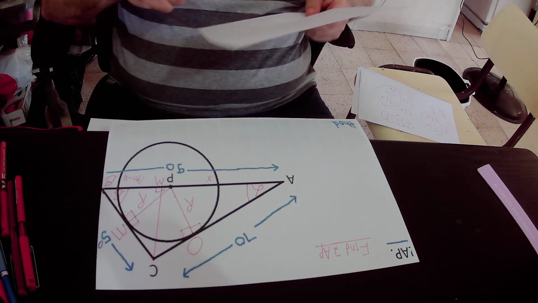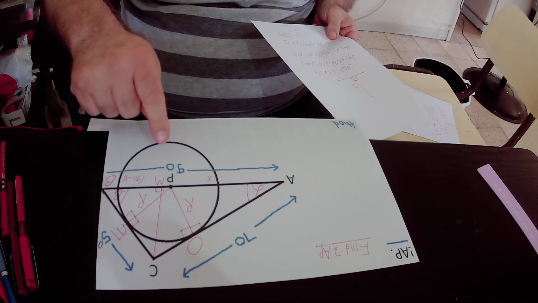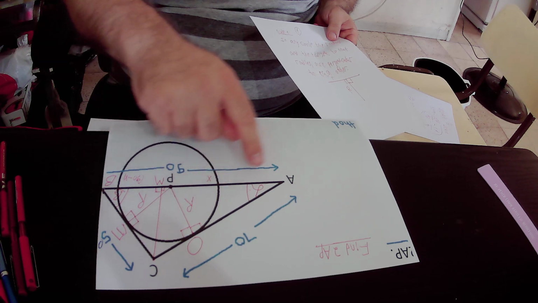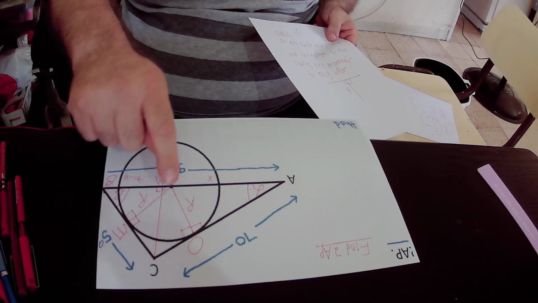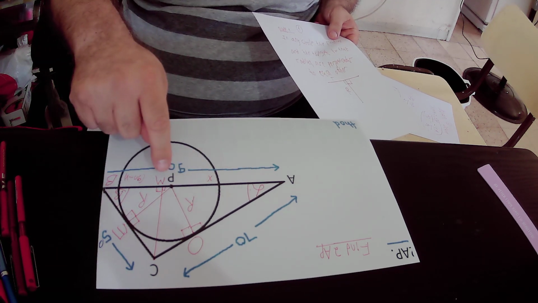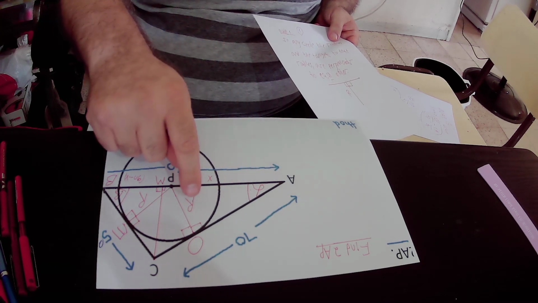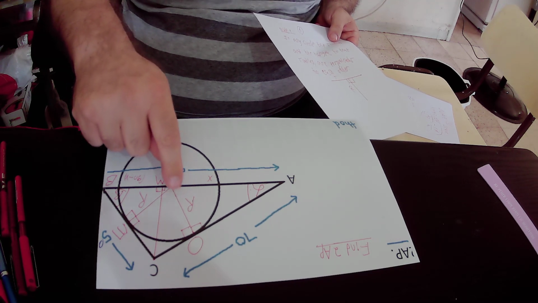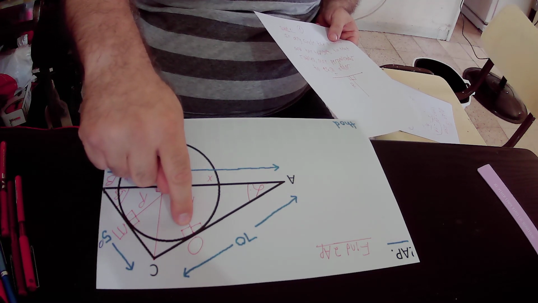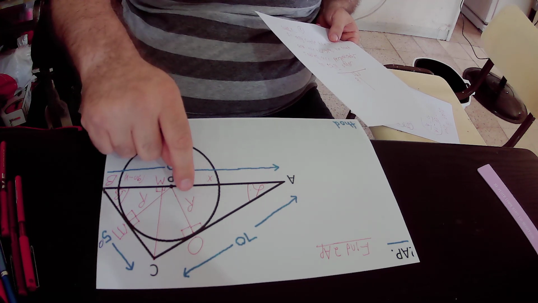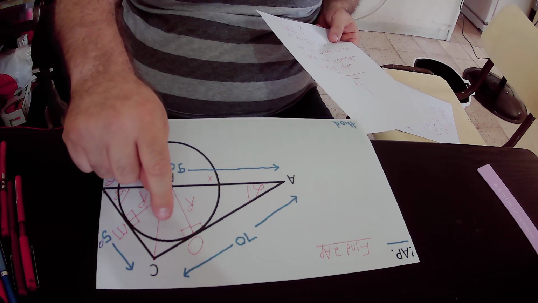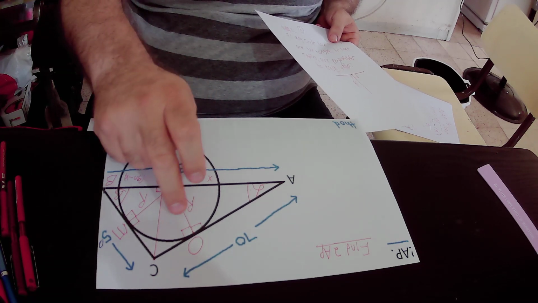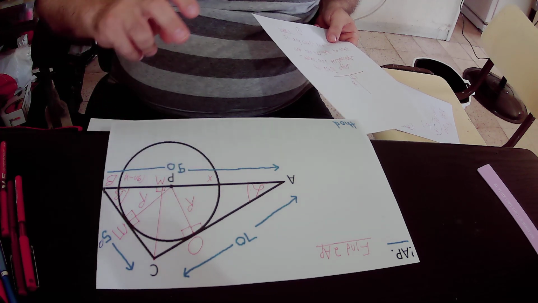According to this rule, PO, the radius, is perpendicular to AC. For that reason, angle POA equals 90 degrees, and also angle POC equals 90 degrees, because in any circle the radius and the tangent to that radius are perpendicular to each other.